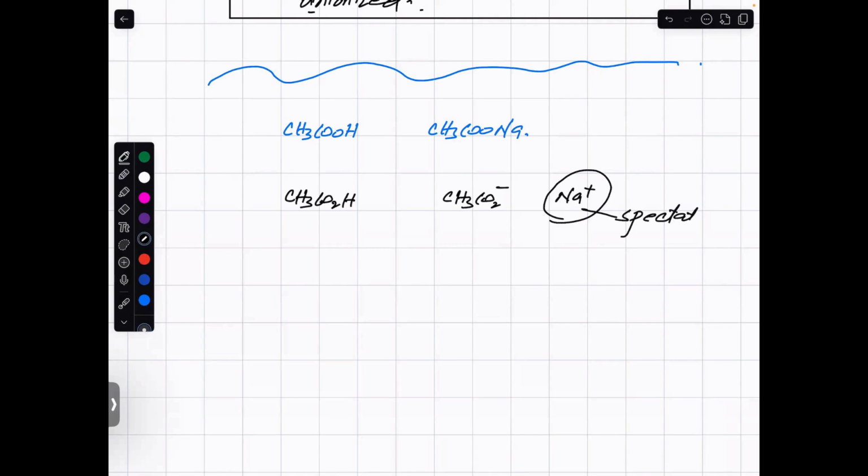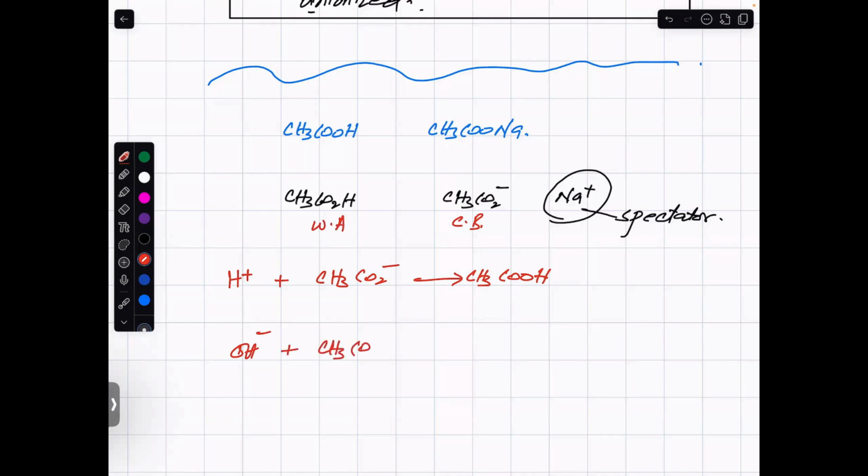It has nothing to do. So H plus is going to react with the conjugate base making CH3COOH. The OH negative is going to react with weak acid, making what? CH3COO negative and water.